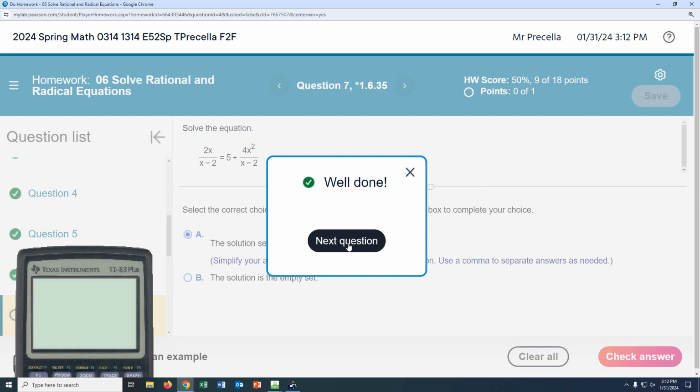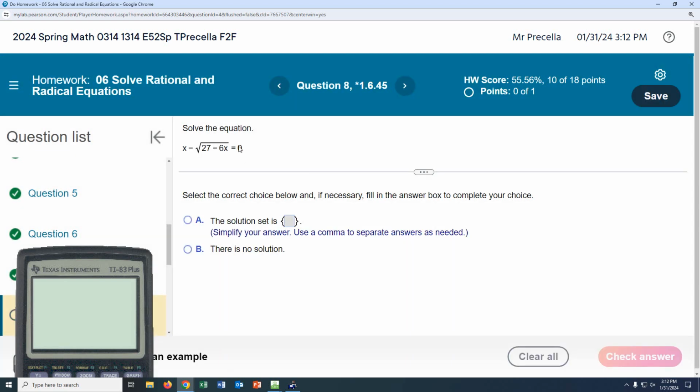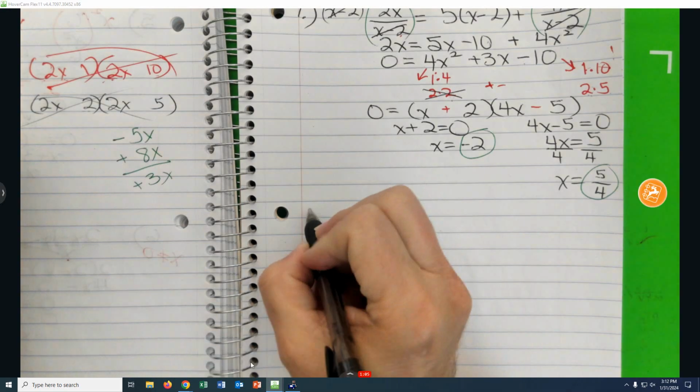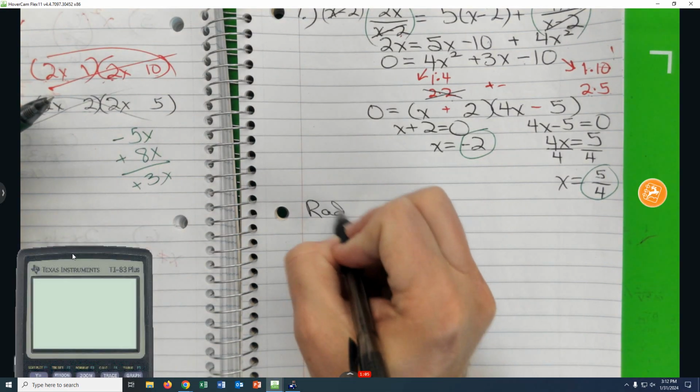We're switching from equations with fractions. The next one's going to be an equation with a square root symbol, and that's called a radical symbol. So we're starting the second type of special equations, radical equations.